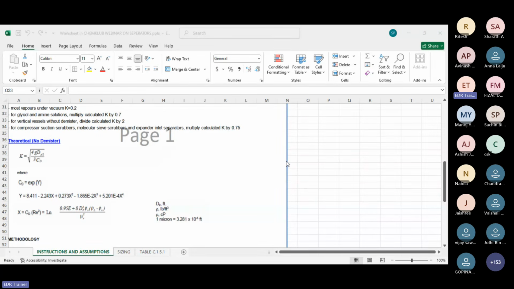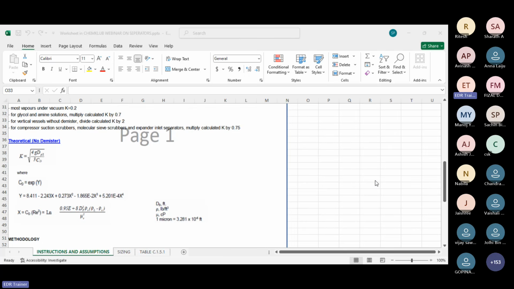As I explained previously, vertical and horizontal each have their own range and limitations, right? You also need to check the total flow rate of the system.